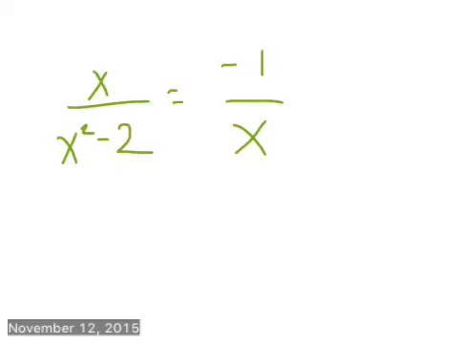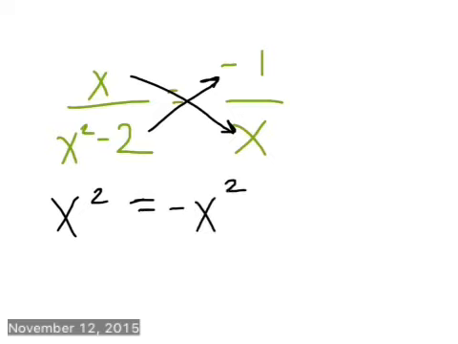Okay, first things first, let's cross multiply. Ashton, since you asked me to do one like this, which way do you want me to go first? So this times this? That's x squared. Then when I go here, what's x squared times negative 1? Negative x squared. And what is negative 2 times negative 1? Plus 2.